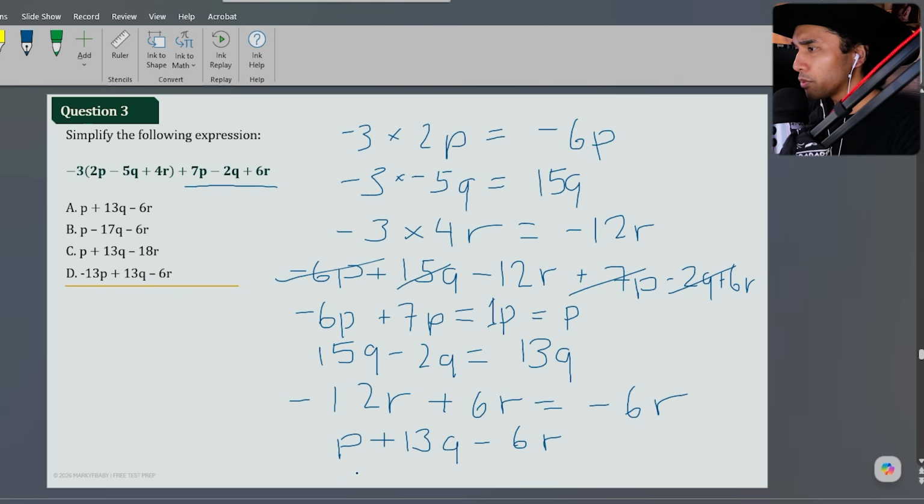I think you would write it like this, though. 13q minus 6r plus p. That's a plus. But the answer choices, I have it in terms of p and then q and then r. But I guess sometimes it just doesn't matter.